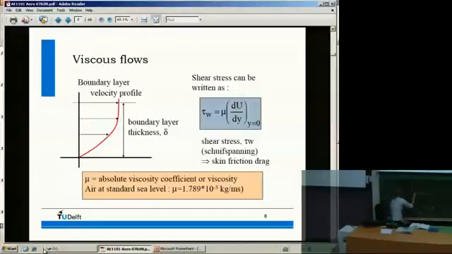So this boundary layer or this boundary layer, this is y, this is u, this is du dy. In this case, u is like this, right?